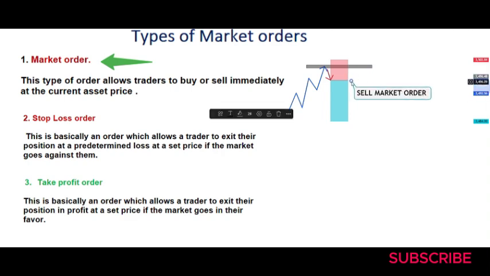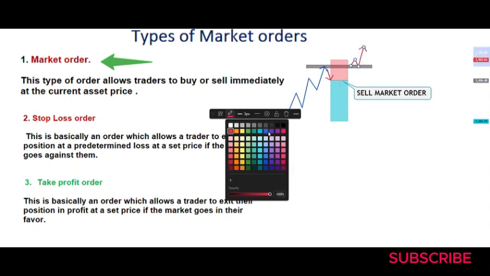Should you decide to buy the same asset, you buy at the current market price. Say in an uptrend, like in this case, I will still use this example. If you are anticipating the price has broken above this level and you are looking at buying, you'll be looking at buying at the current price.